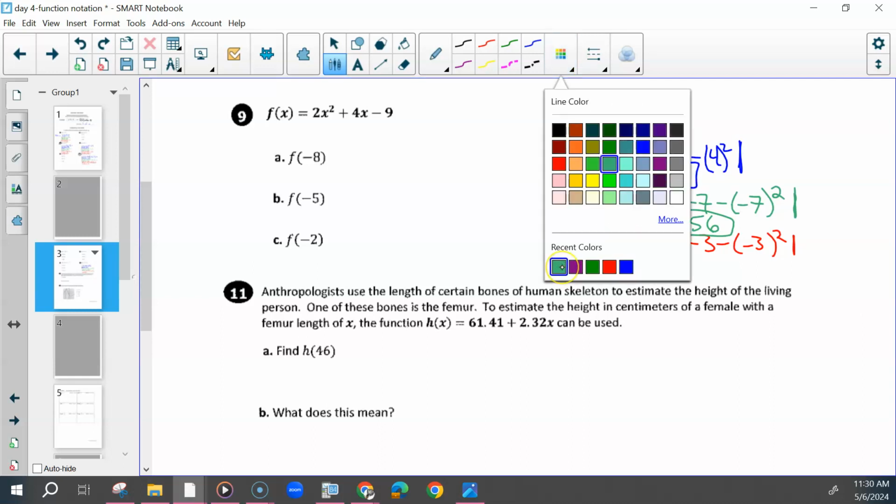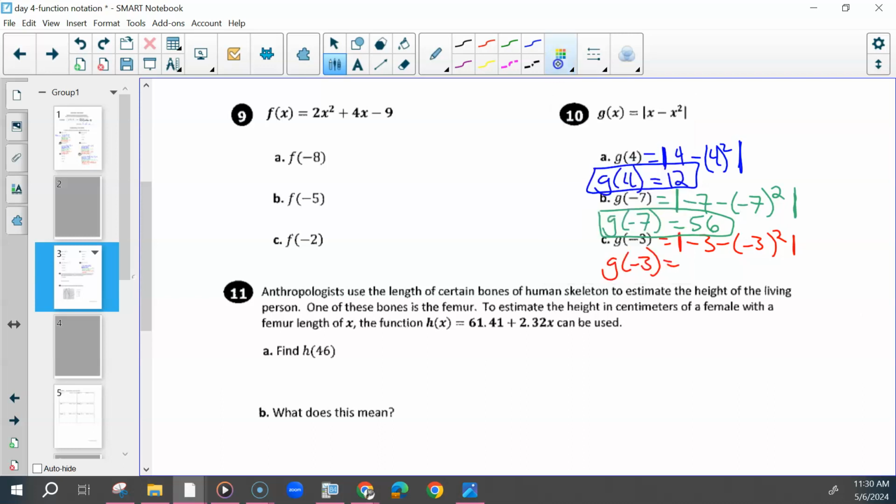What's the value? Your choice. Questions on any of those?